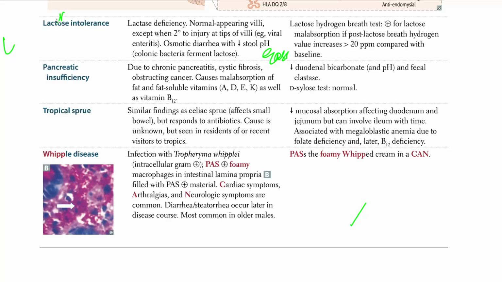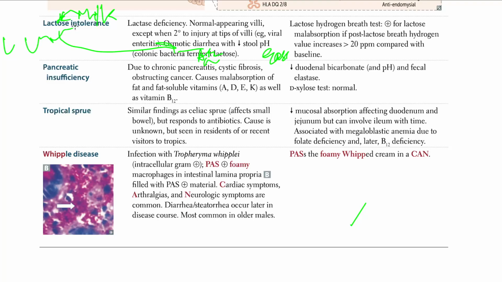Where do we get the lactose from? Milk products. So the case is, when we gave milk to a child, it presented with the osmotic diarrhea. That's the watery diarrhea, but not just osmotic diarrhea, you will have abdominal pain and abdominal distension.